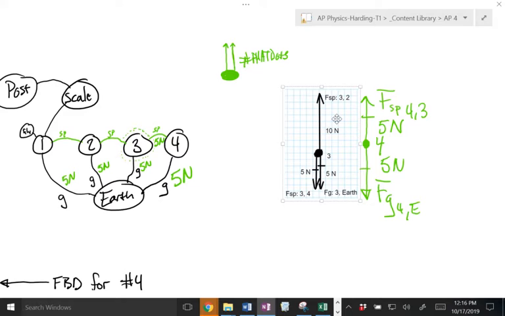My question to you is this: of these 1, 2, 3, 4, 5 newton arrows, which, if any of those, are paired forces? A la the Tanim and Mr. Harding thing from yesterday. So run that by your neighbor really quick. We're not going to bother with putting it into the pair deck. Are any of those paired forces? Paired forces have the same amount and point in different directions.